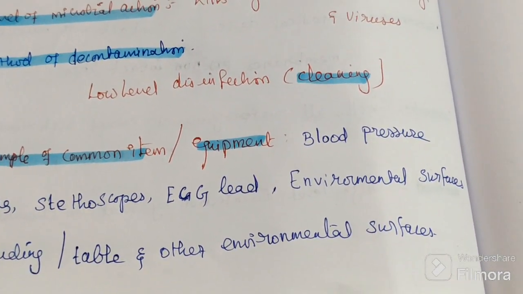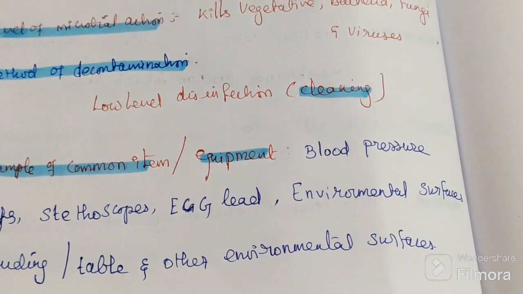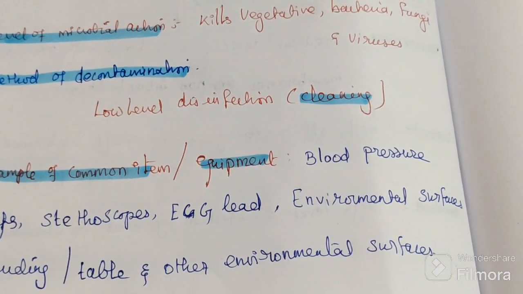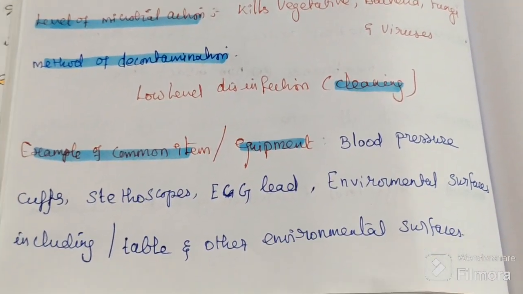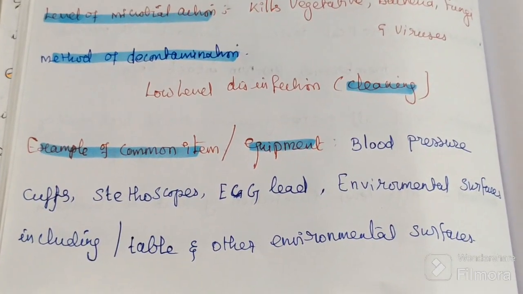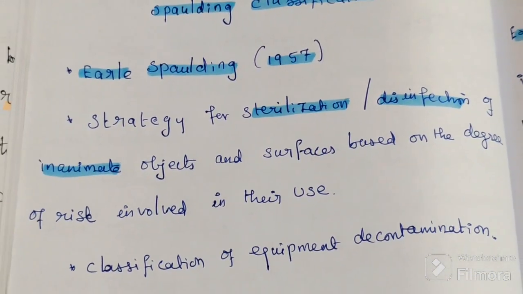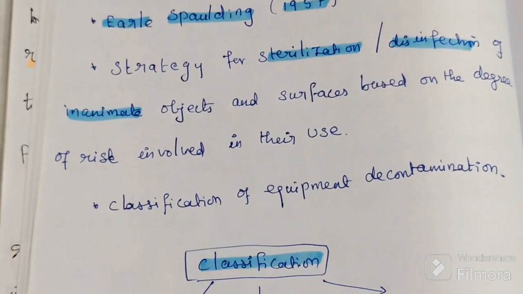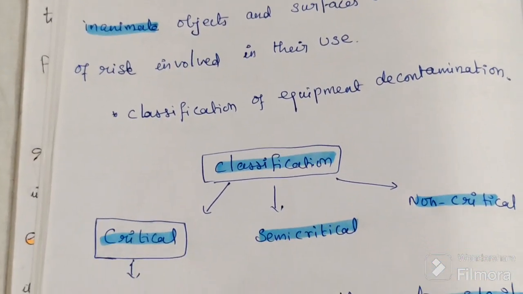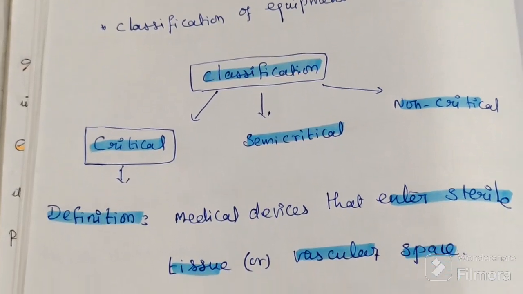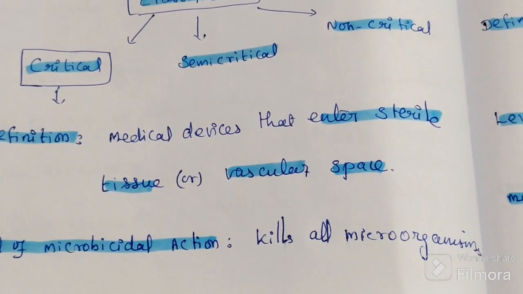So this is the basic Spaulding classification: critical, semi-critical and non-critical items. Critical objects enter sterile tissue or vascular systems and require sterilization.